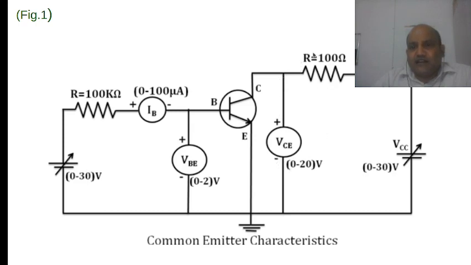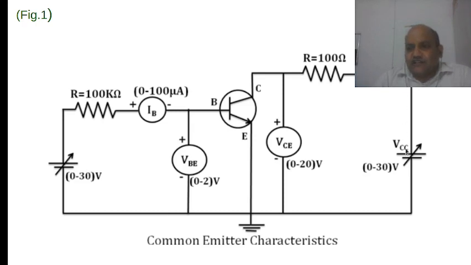Then the 100 ohm resistance you can treat as both a load resistance and a biasing resistance. Another component is a meter which can measure 0 to 100 milliampere. Generally we bias around 4 milliampere, so 0 to 20 milliampere would also do, but here the maximum value you can set is 100 milliampere.